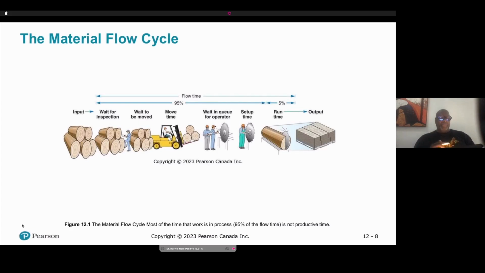This is an example of a flow of material, and you can see at each of these stages, this really represents different types of inventory. So your raw material input into a company that is making perhaps paper, I believe, or wood blocks, and then you have to wait for inspection, then it's moved, then it's taken over to the facility where it's going to be cut.